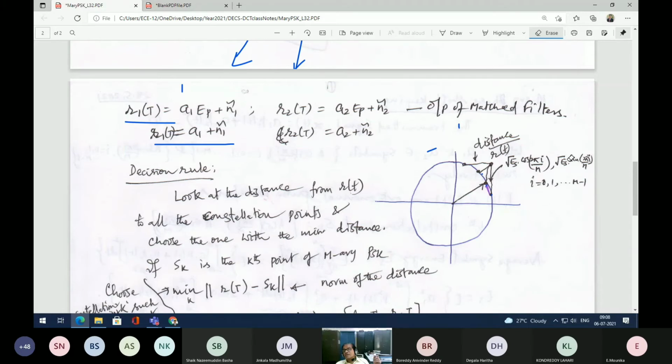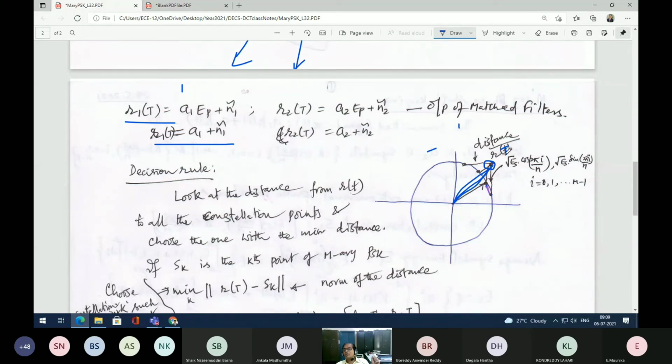Everybody please pay attention here. Let us say this is the R of t that I have received, and I am placing it in the constellation diagram. For the decision rule, you find the distance from this R of capital T. This is the point where I have placed the received signal, which is corrupted by noise.